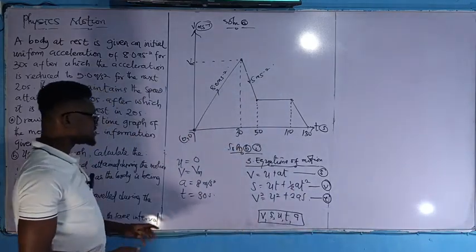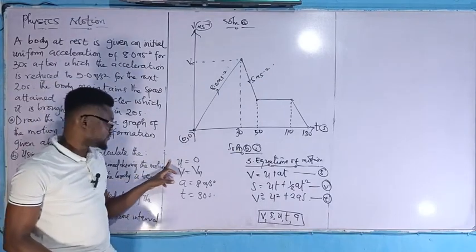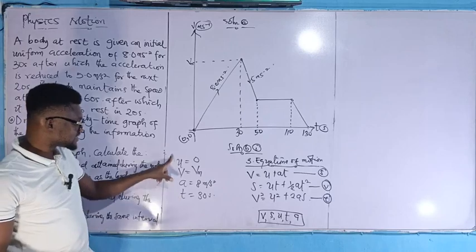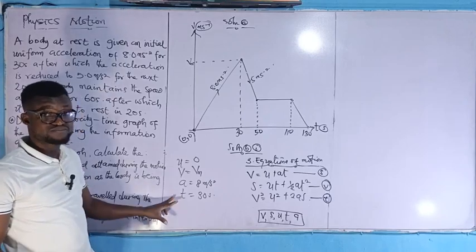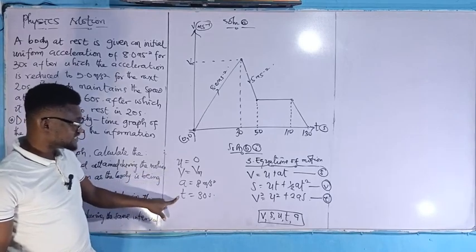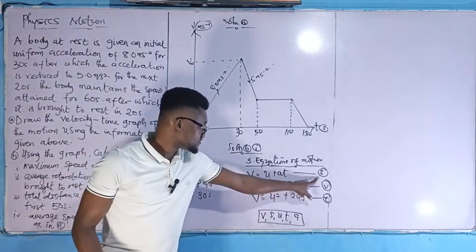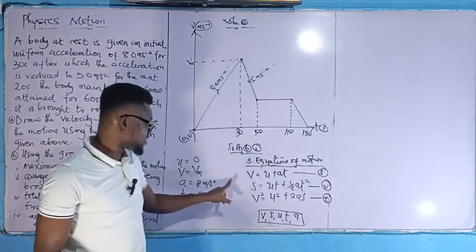So in order to make the solving easy, to know the formula you are going to use, check the four parameters you have and see the one that is lacking. We have u, v, a, and t. The one we don't have is s, and the one that lacks s is equation 1.